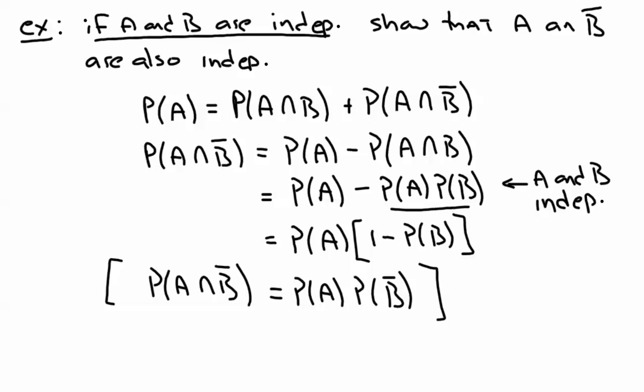So if A and B are statistically independent, we see that A and B complement are also statistically independent, because the probability of the intersection can be written as the product of marginal probabilities.